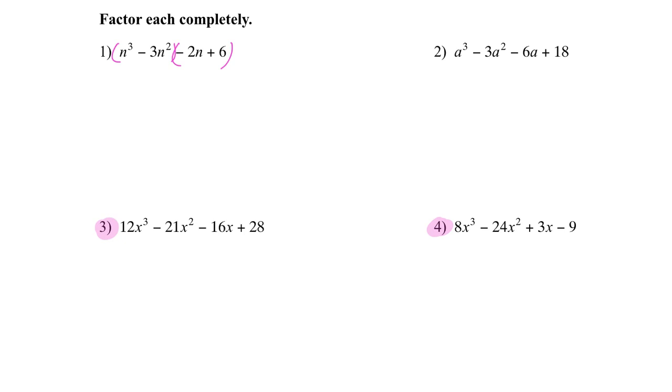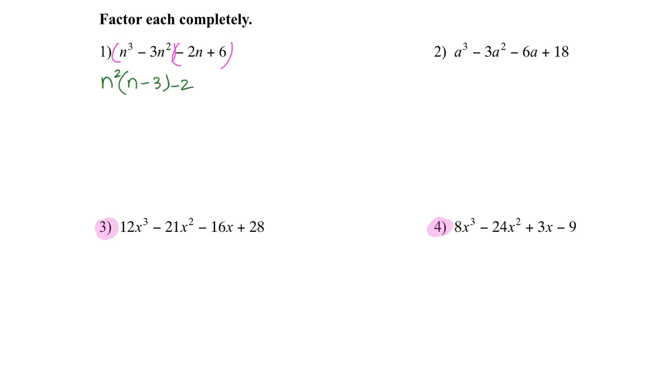My common factor here is n squared, right? Between n cubed and 3n squared, my common factor is n squared. So inside of that first parenthesis, I have n minus 3. Then on the second parenthesis, my common factor is negative 2.